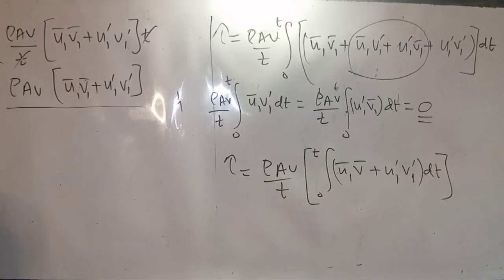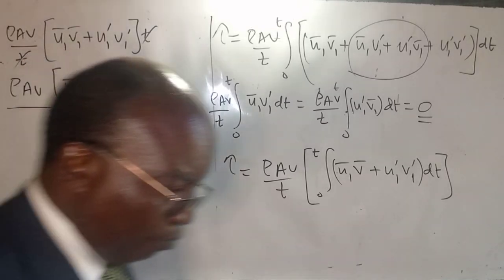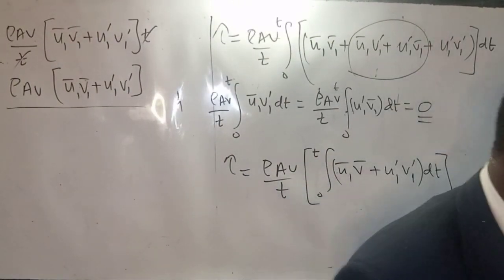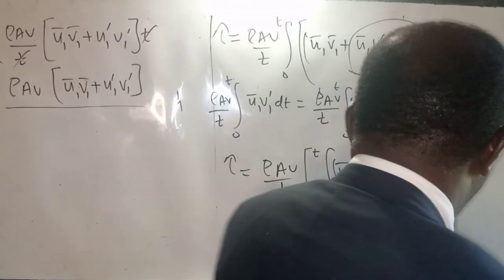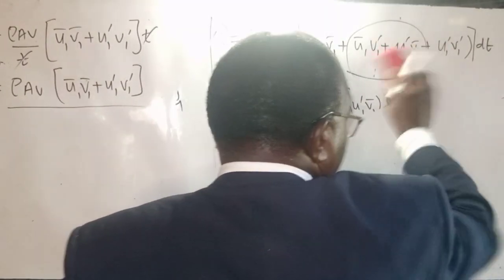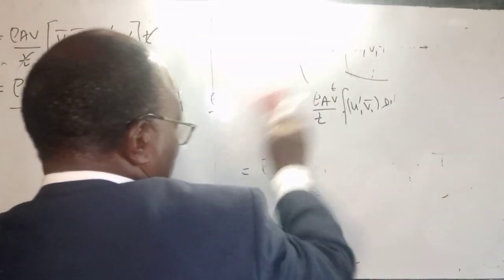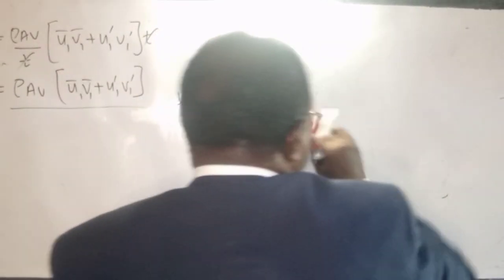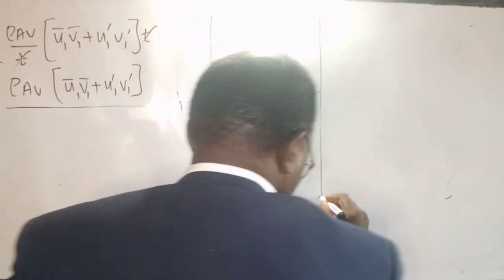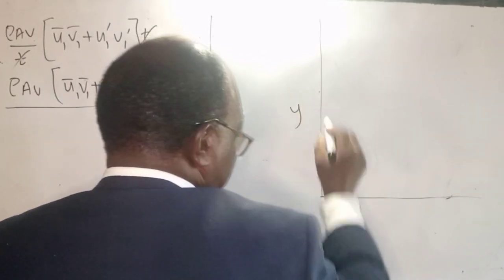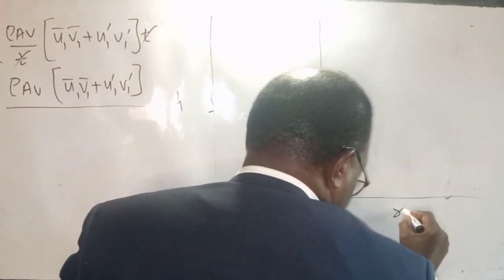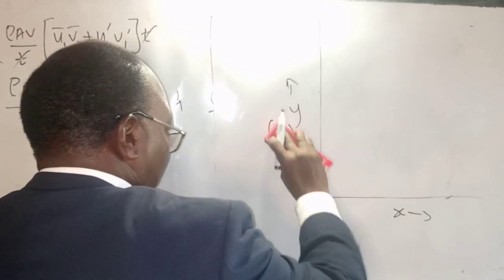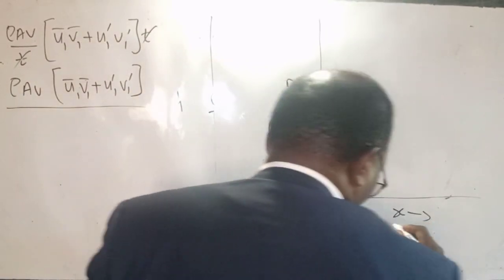Now, if, for example, the mass transfer, remember, let's have some coordinates. So we are saying that if we have our coordinate y and x-axis, these are of course u, that is v, and that's of course u.